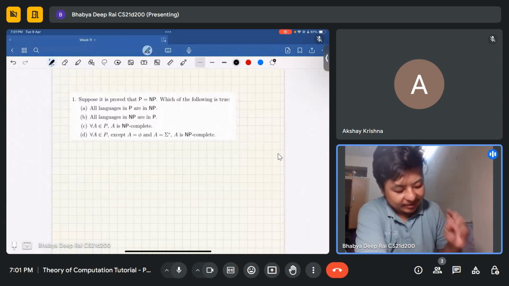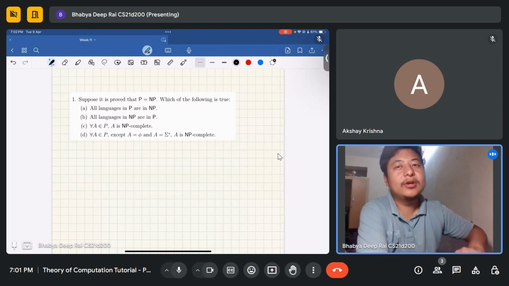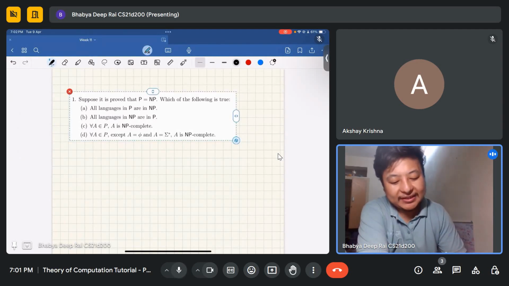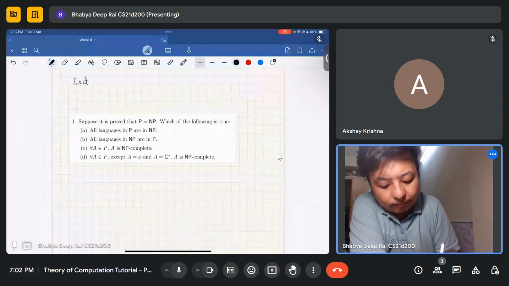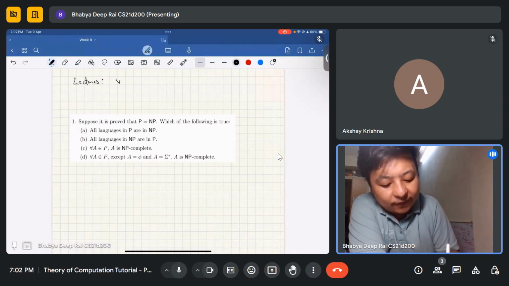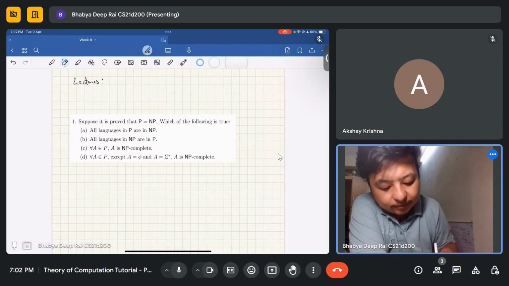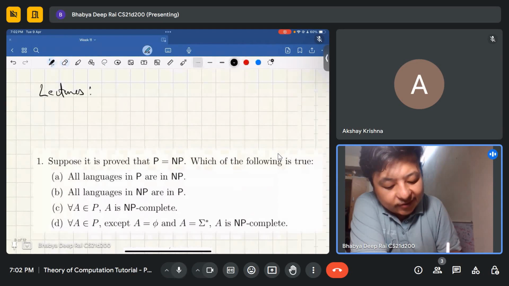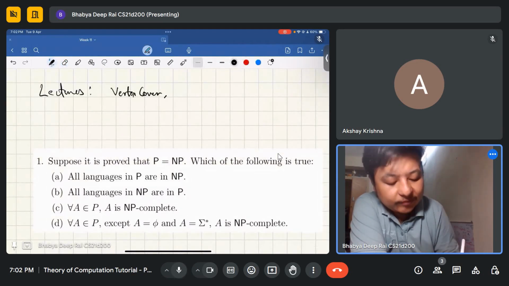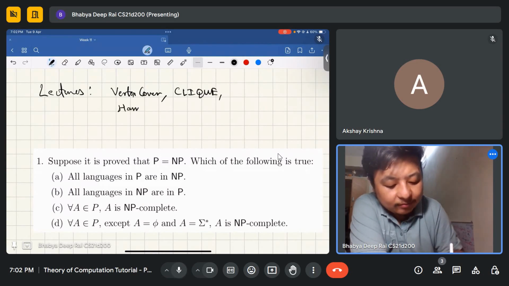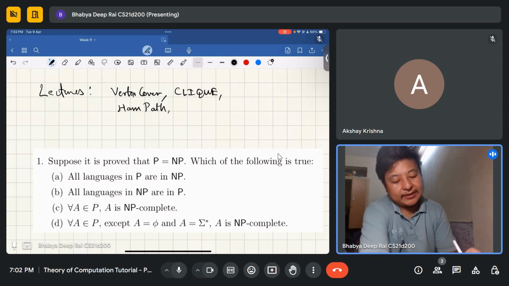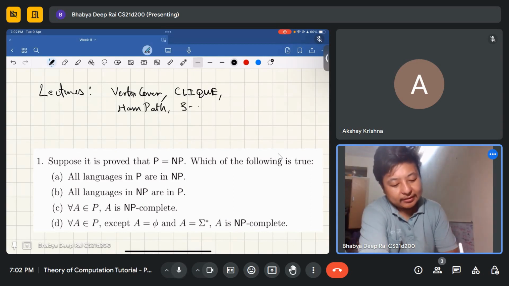It is based on more NP complete languages. So what did we see in the lectures? We saw vertex cover, clique, Hamiltonian path, 3 coloring, 3CNF, 3SAT.